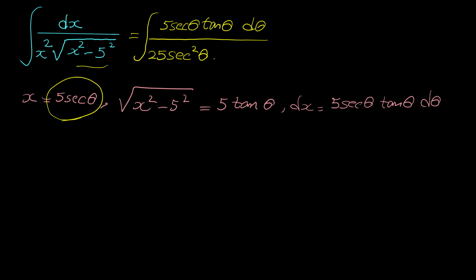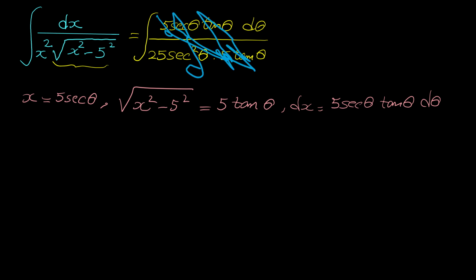This radical is 5 tangent theta. Now look at the numerator, look at the denominator, try to find common terms, cancel them. 5 with 5 cancels from numerator with denominator. Tangent with tangent cancels. Secant with 1 secant from denominator cancels.